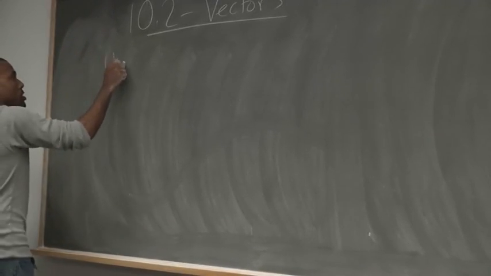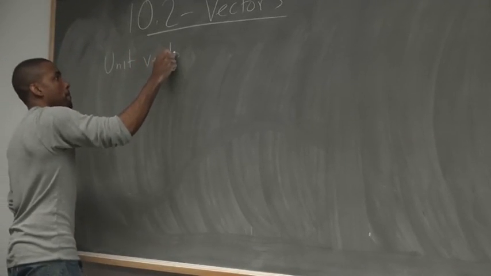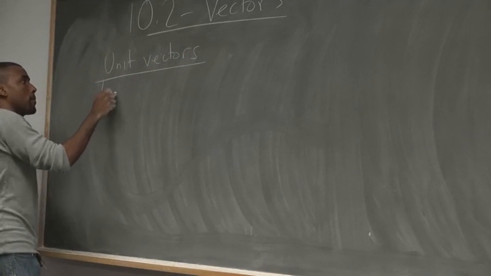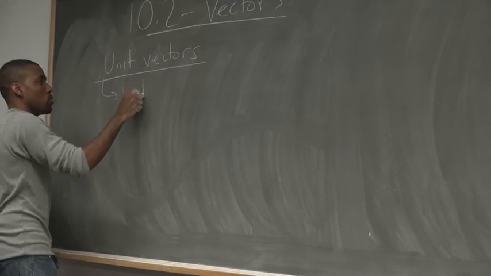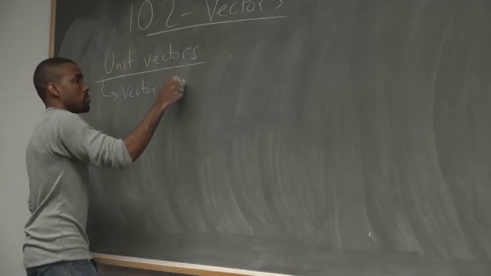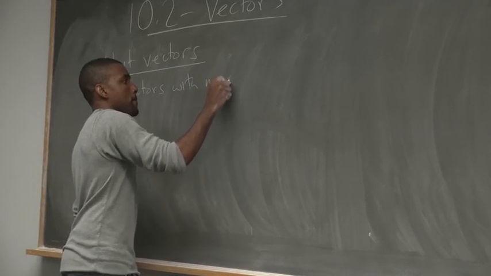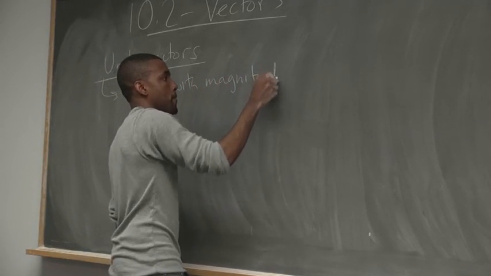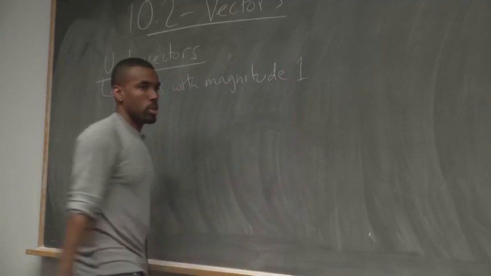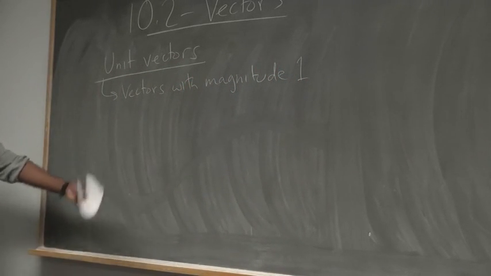There are things called unit vectors. These are just vectors with magnitude 1. Unit vectors, just like the unit circle is a circle of radius 1.